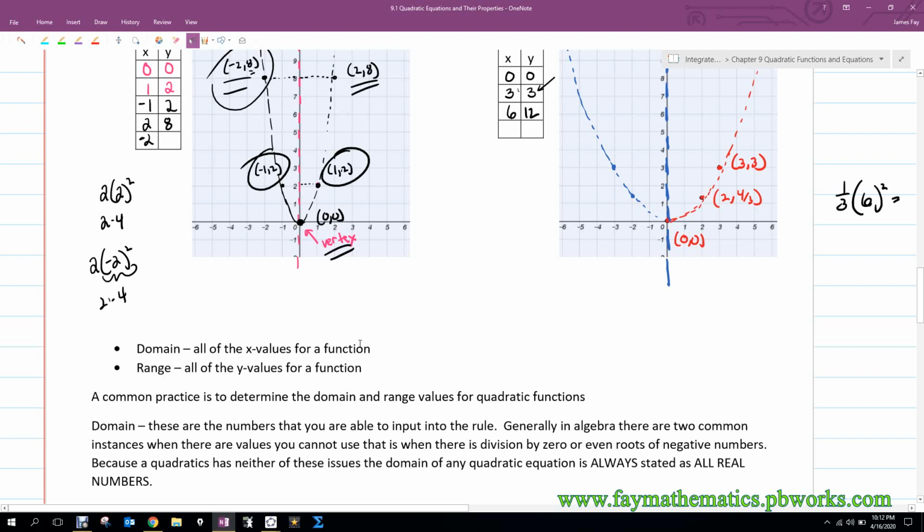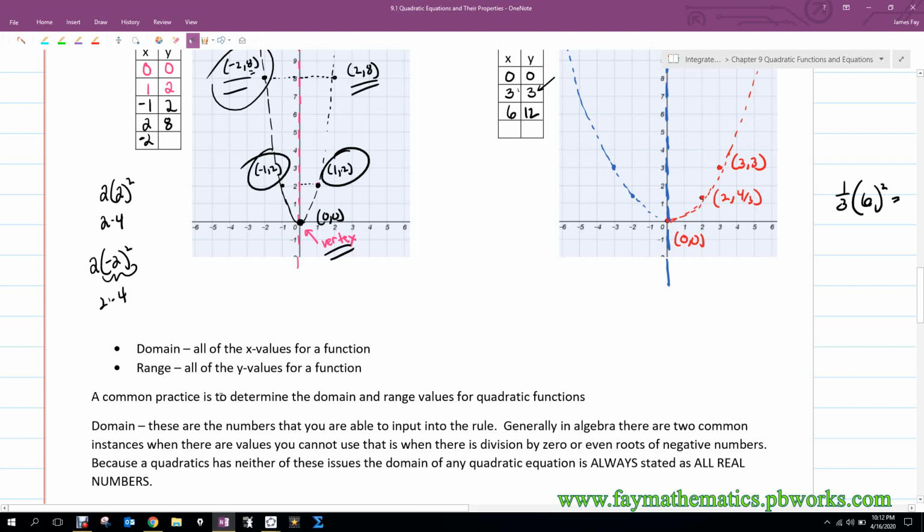So listing the domain and range is a way to provide the infinite order of pairs on a graph, or a way of identifying what all the possible x values could be for all the ordered pairs and all the possible y values for all the ordered pairs. So domain is the x values, range is the y values.